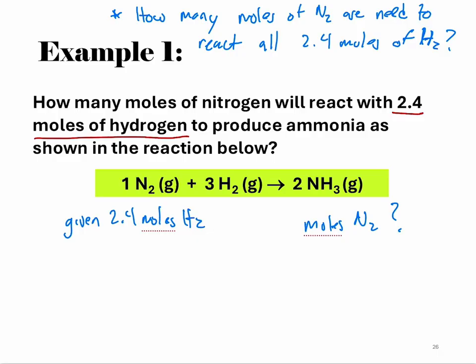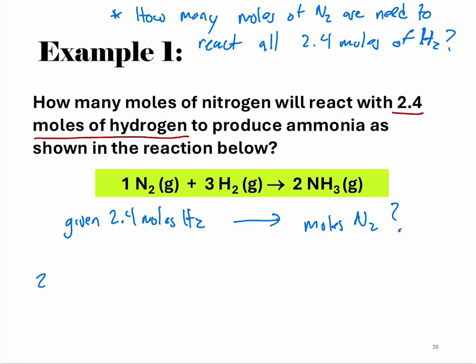So how are we going to go from moles of H2 to moles of nitrogen? Yeah, we use the molar ratio, because that converts moles of one compound to moles of another. These are both on the reactant side, which is why the question is phrased this way. How much nitrogen do we need to react all of this hydrogen we have? What is the bare minimum amount of nitrogen we need to react all of this?